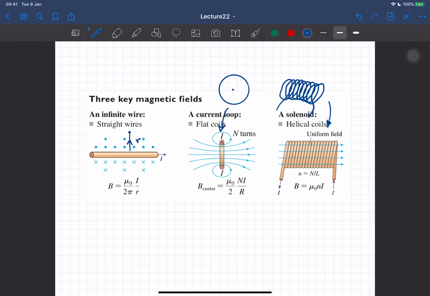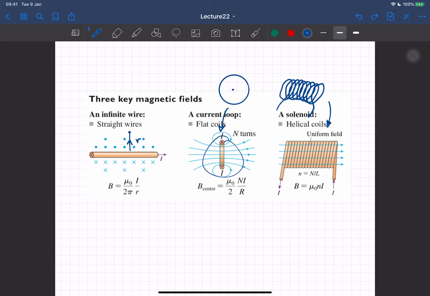And because of this, you can think of each turn to be something that looks like this, right? So you have multiple turns, and each one is gonna produce a magnetic field given by this picture. So when you add everything up, the magnetic field inside the coil will be mostly straight like this. So make sure you can imagine how to go from here to this picture.